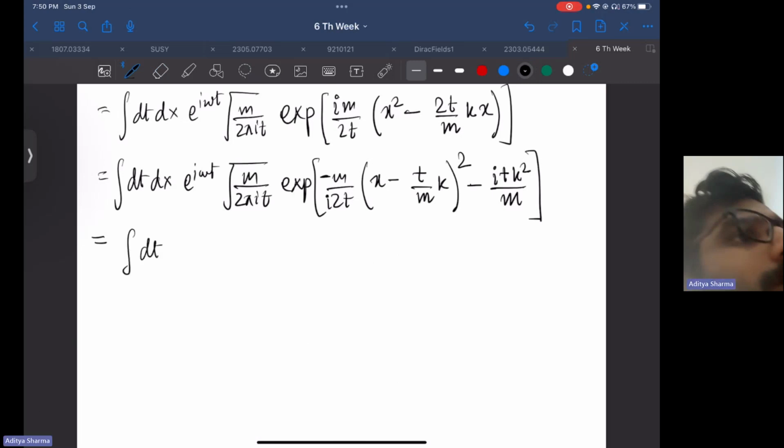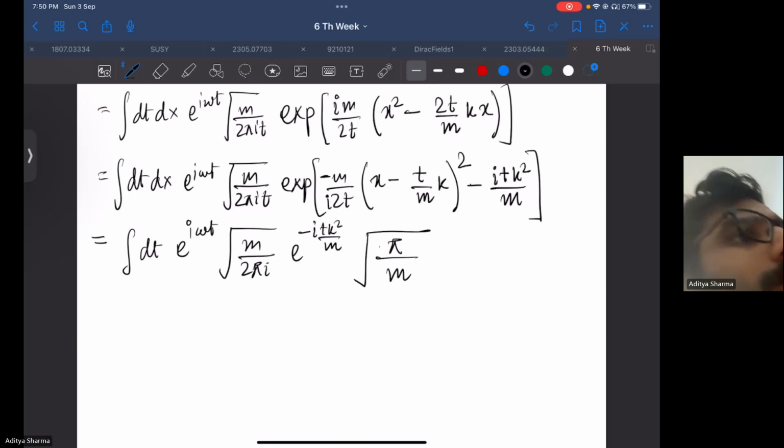There's a little thing that it's all e to the power minus i t squared by 2m. And this is square root of i by a, where a is m over t.